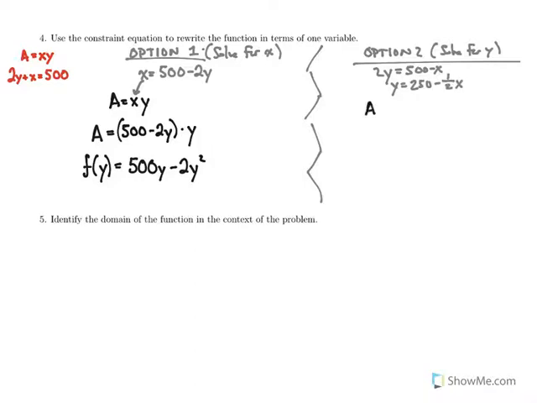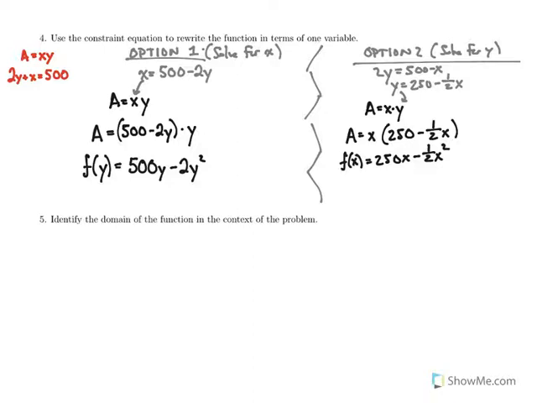So when I plug this into x times y, we get area equals x times 250 minus 1/2 x, or 250x minus 1/2 x squared. And that is going to be our function of x.